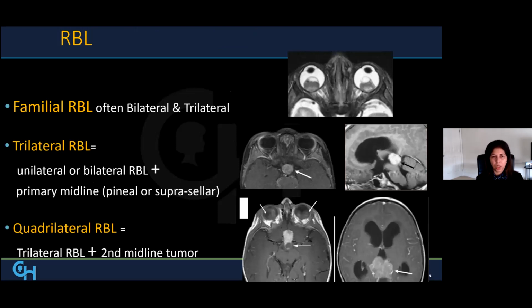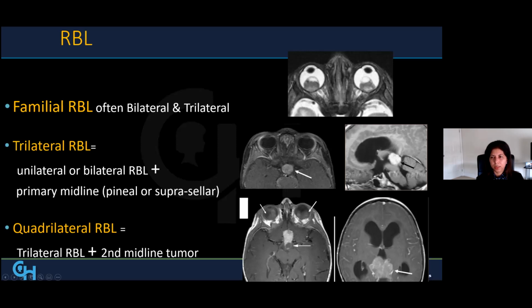You call it a trilateral retinoblastoma if you have bilateral retinoblastoma plus either a suprasellar lesion or a pineal lesion. But when you have both globes, the suprasellar and the pineal region involved, then that will be a quadrilateral retinoblastoma.